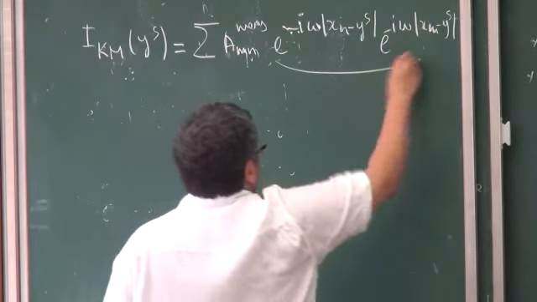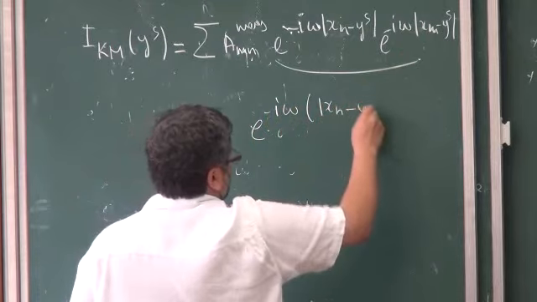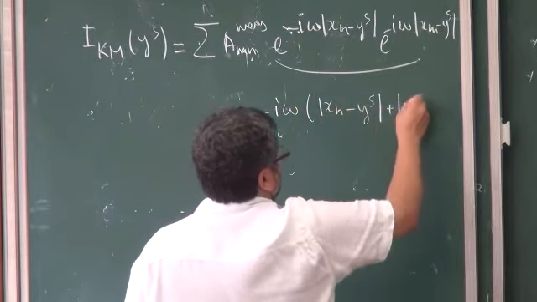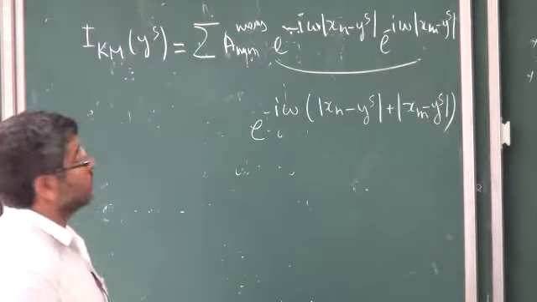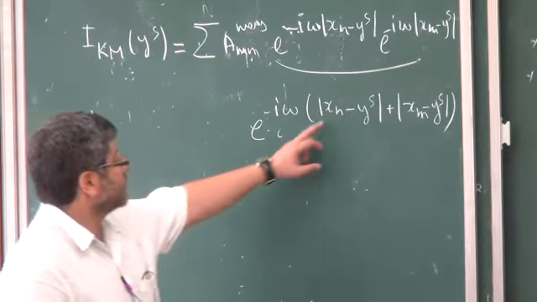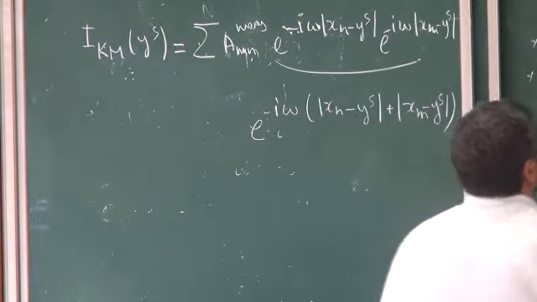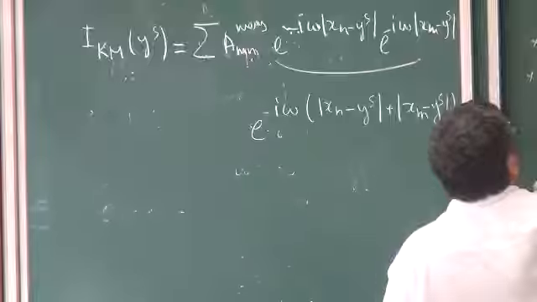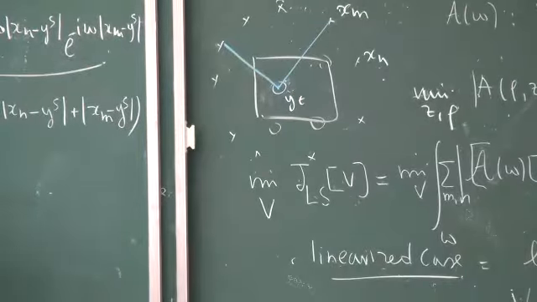So we can put this like exponential minus i omega, xn minus ys plus xm minus ys. That's all. We keep only the phase. And what's xn minus ys plus xm minus ys? It's the travel time from here to here and from here to here. Minus here is for backpropagation. And this is the Kirchhoff migration algorithm.